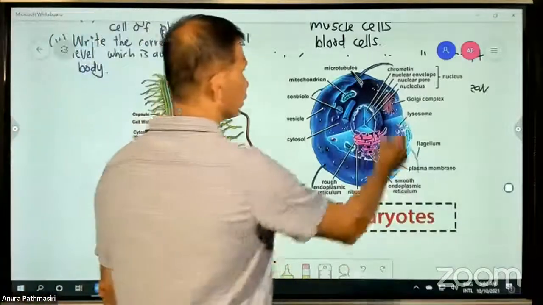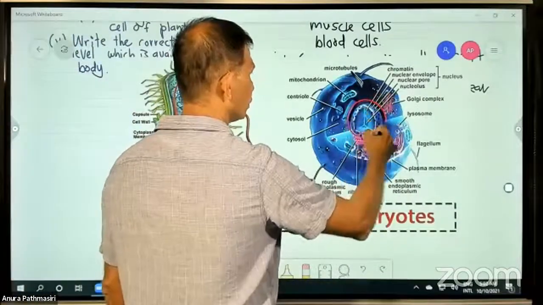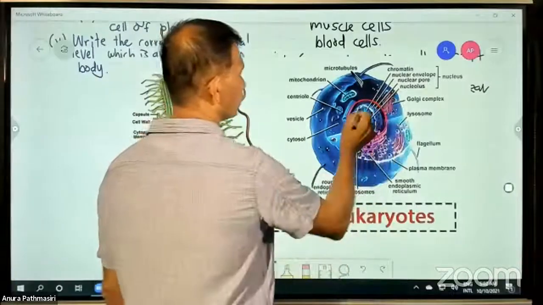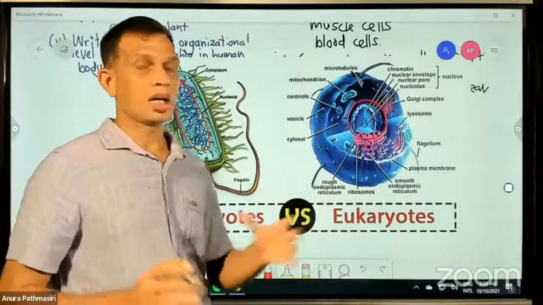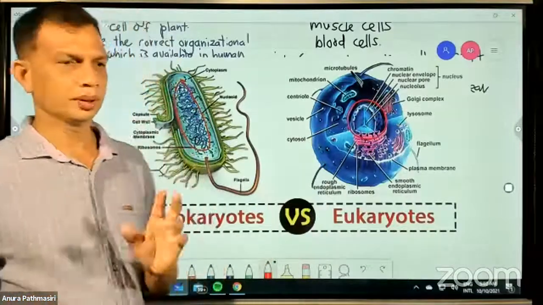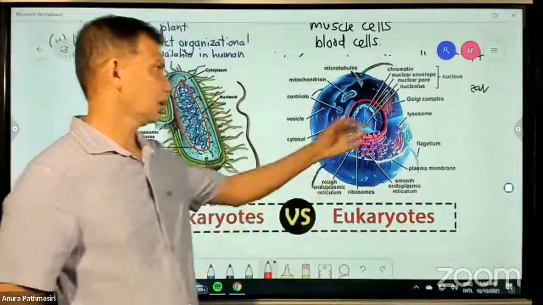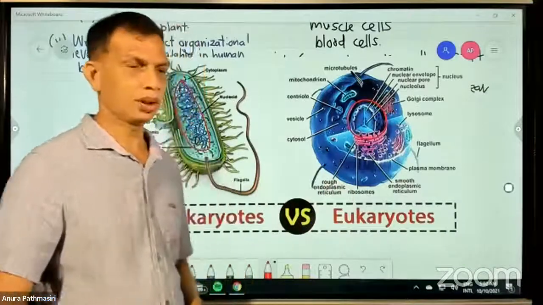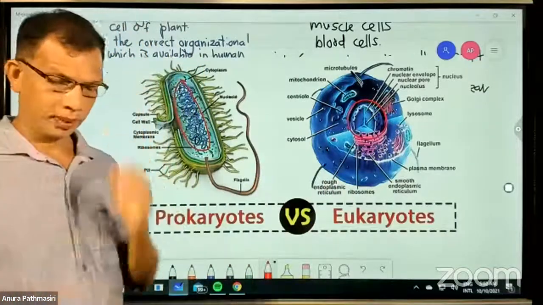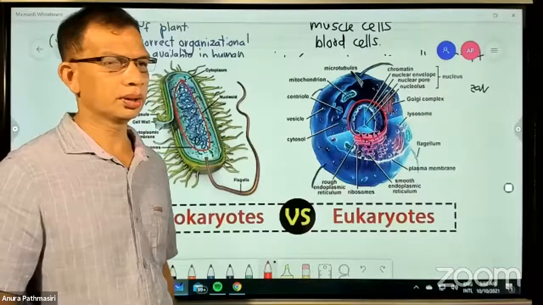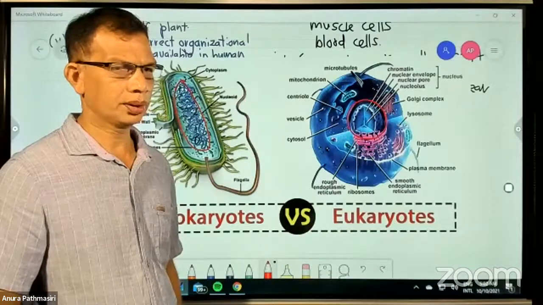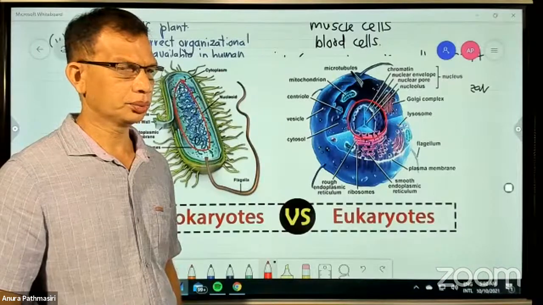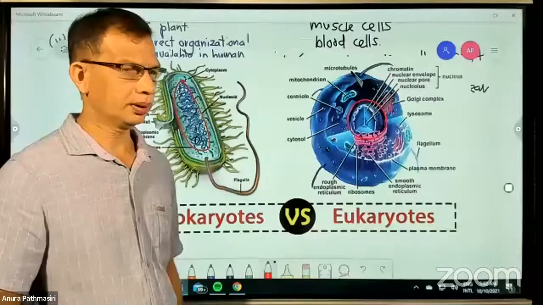And if you consider the eukaryotic cell, you can see the nucleic matter is well covered by a double membrane structure we call the nuclear envelope. I'll show you the nuclear envelope very clearly.